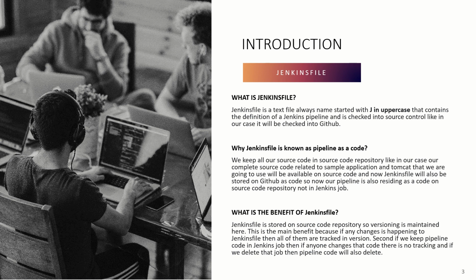Now what is the benefit, why are we using this Jenkins file, and what are its benefits? Let's study that. Jenkins file is stored on the source code repository, so versioning is maintained here. So what is versioning basically? Suppose you have put your code on any notepad or somewhere else, and if you just delete it, then there is no tracking of who deleted it and what happened to that code.